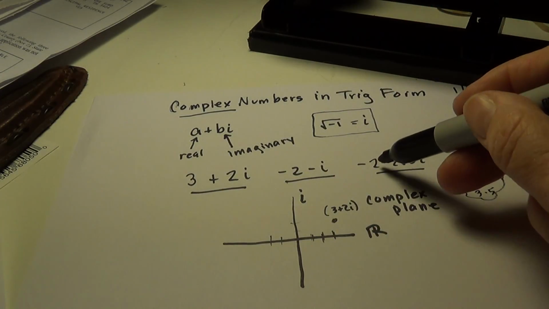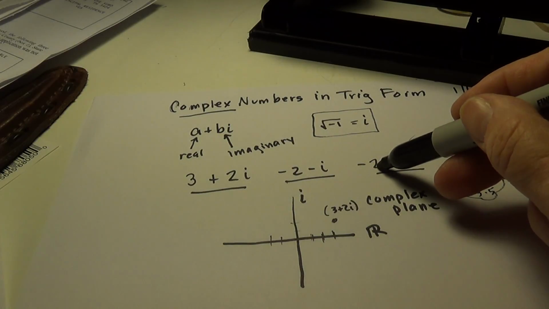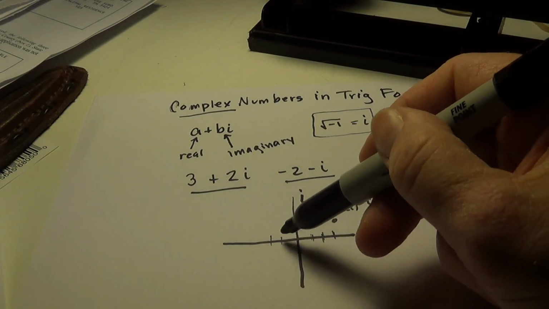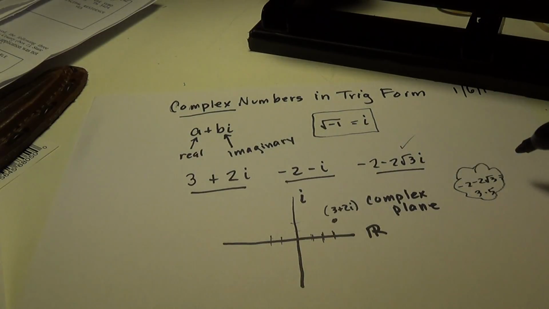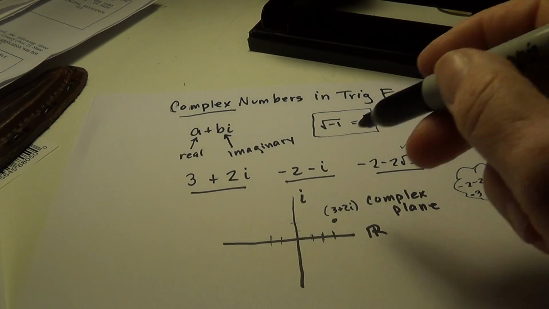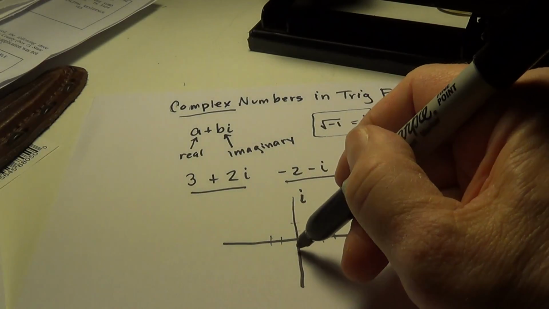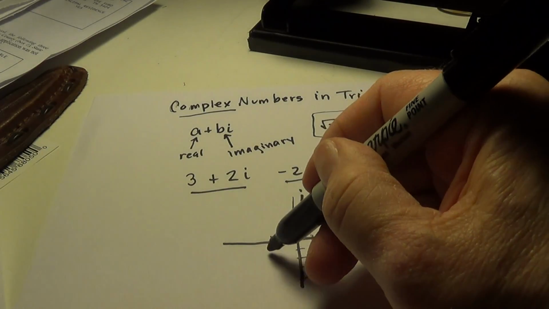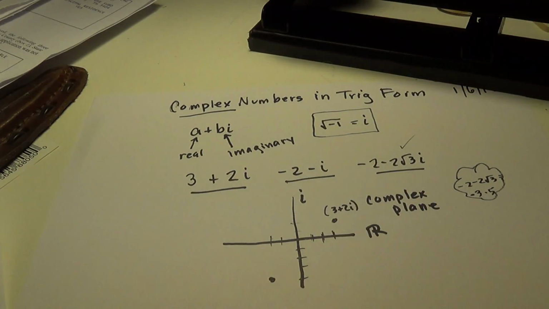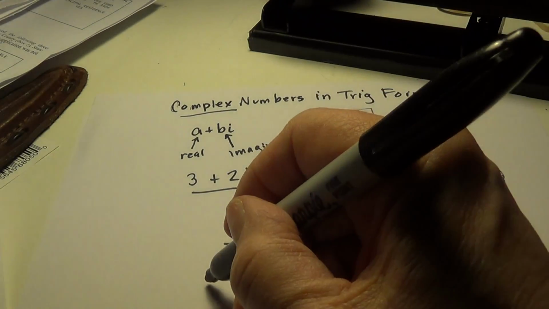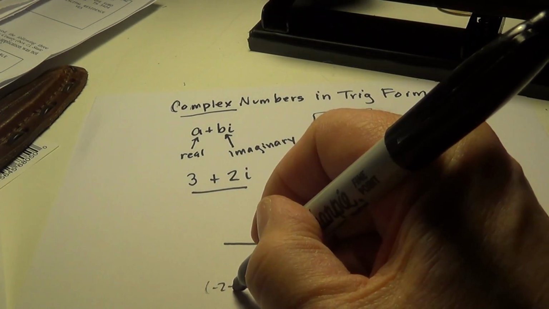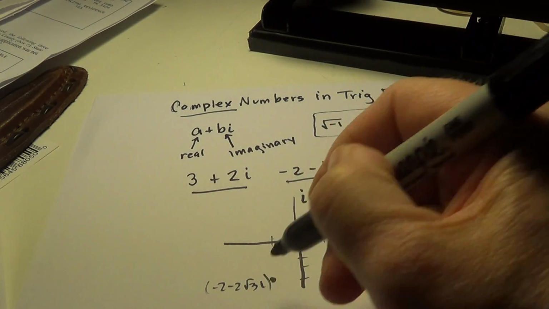So this means I'm going over to the left, -2 on the real axis, and down almost 3.5. So I'm going to go down about 3.5. And it'll give us a pretty good idea of where that is on the complex plane. So that's -2 minus 2 square roots of 3i.